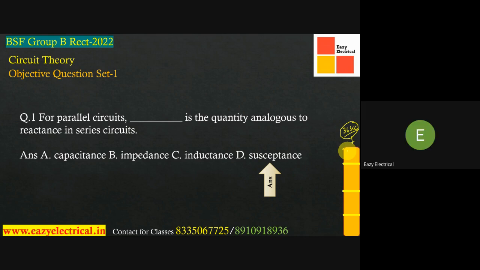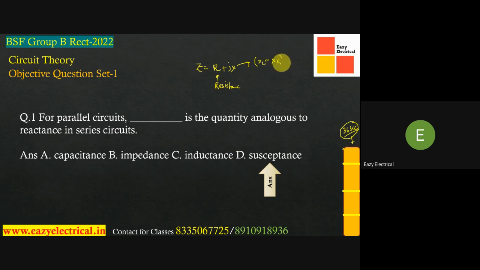Now see, the question says in the parallel circuit, dash quantity is analogous to reactance. In any circuit, impedance basically has two components: one is a real part, another is an imaginary part. The real part represents our resistance, and the imaginary part has two components, inductive reactance and capacitive reactance.